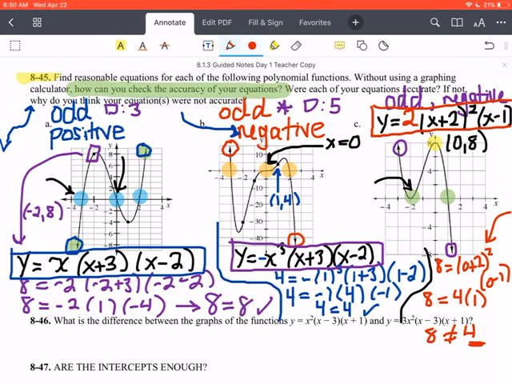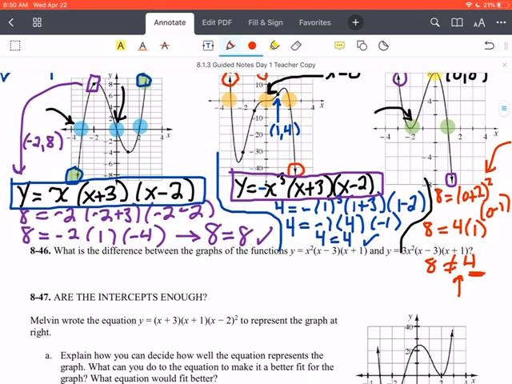So now we do care about the height of the peak and the depth of the valley. That's called the amplitude. So we just used common reasoning to say that we need to multiply by 2 in order to get both sides to be equal.